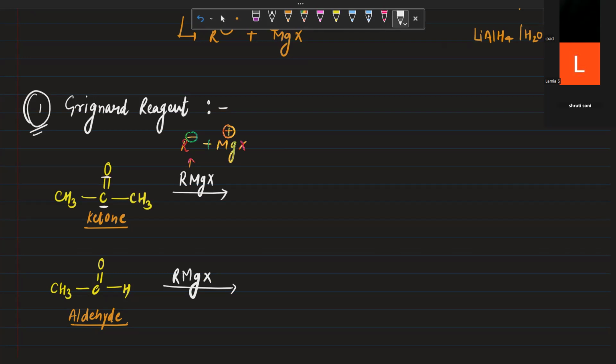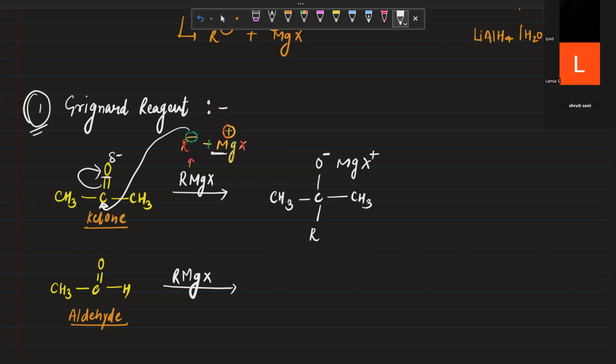And the oxygen? Negative. So tell me, if the R negative attacks this carbon and this bond shifts to this side, what will be the product? CH3, CO minus, with R attached, and this will be CH3. And this MgX is positively charged, yes or no? So here MgX will attach, that is positive.